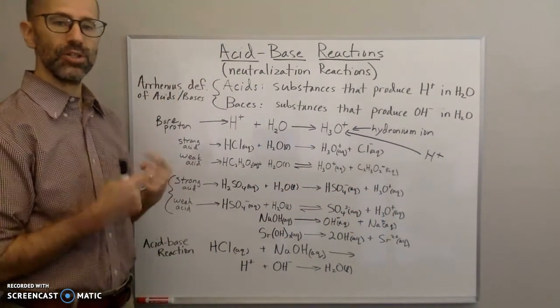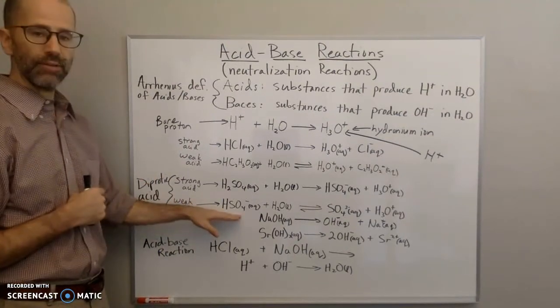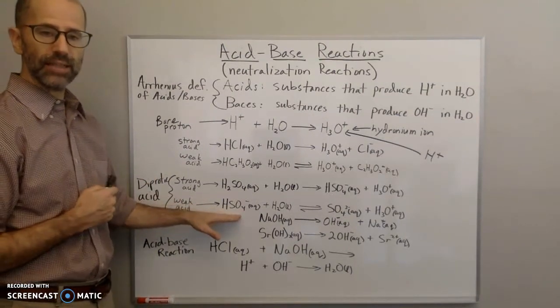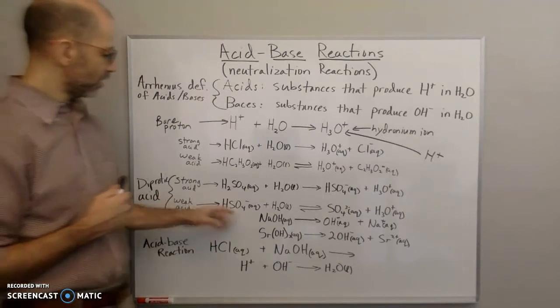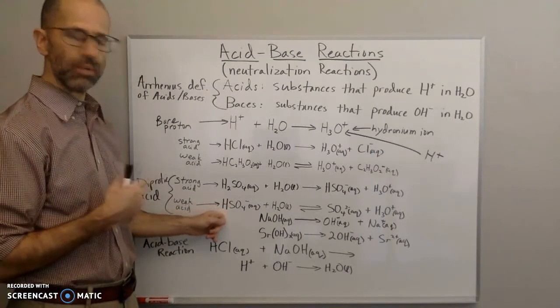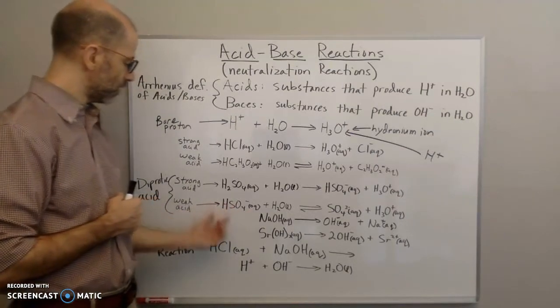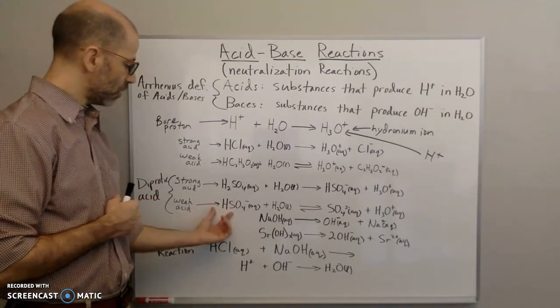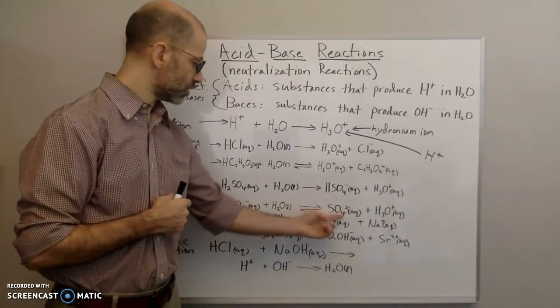So that's the first reaction. Then you have the second reaction, and now you don't have a strong acid anymore, you have a weak acid. This proton is not going to come off very much, but it will a little bit. Some of the hydrogen will come off and join water, and then you'll be left with your sulfate ion.